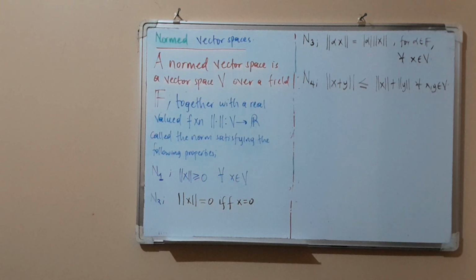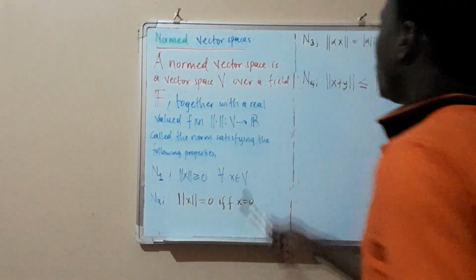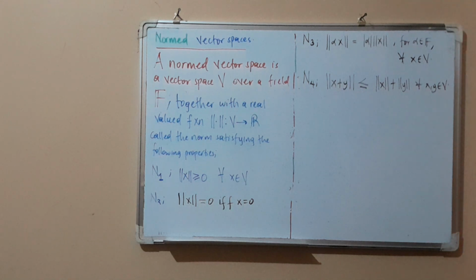So we have those important definitions. Whenever we are having a space, that means metric space, normed space, we are supposed to have a set together with another function.